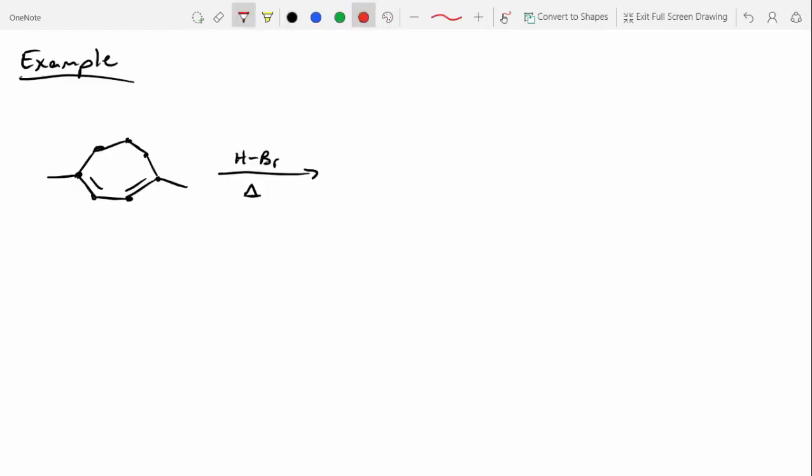Does it matter which pi bond we use? Okay, so I'll just pick one arbitrarily. I hate 7-membered rings. I apologize if this looks like a 3rd grader drew it, but it's a cool problem.